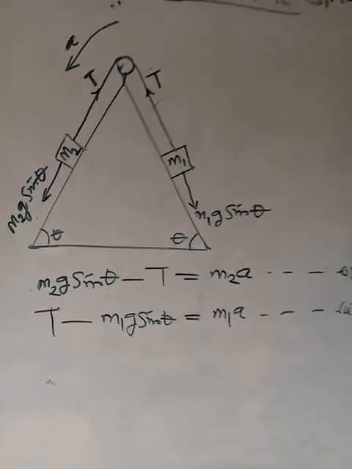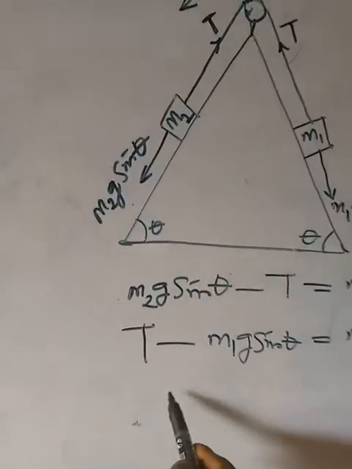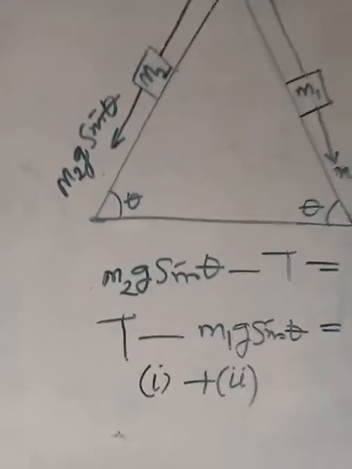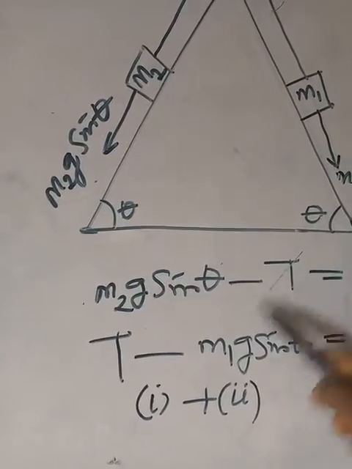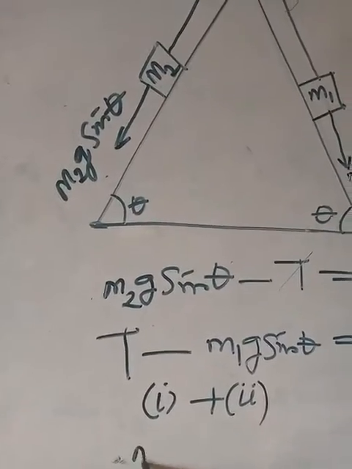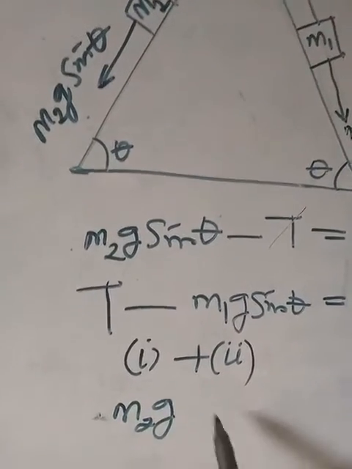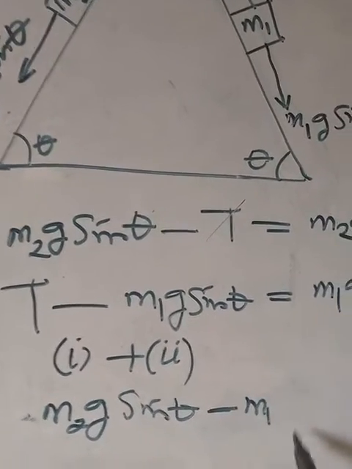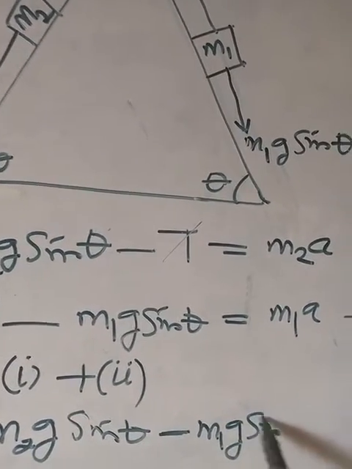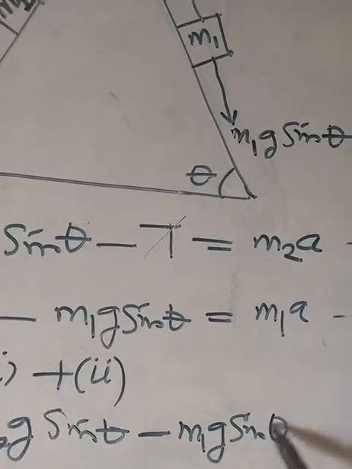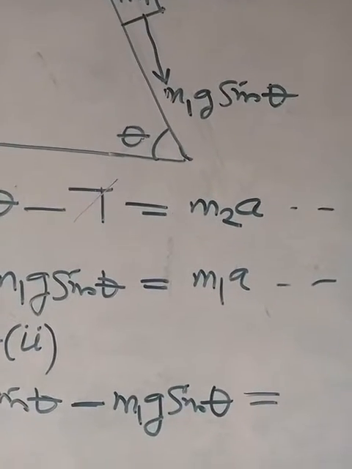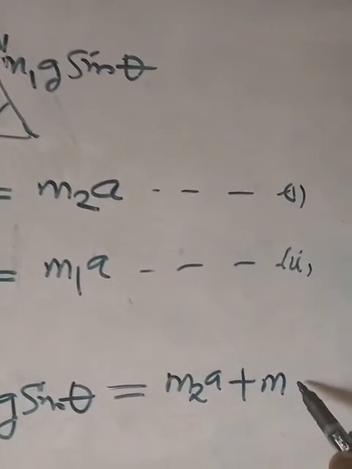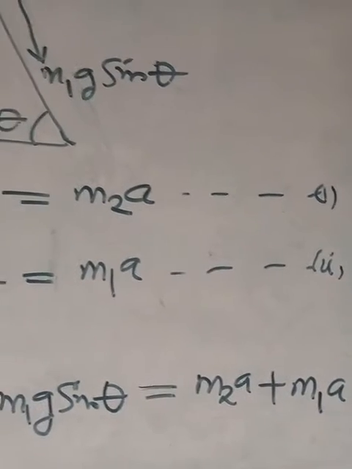Solving the two equations simultaneously, let's say equation 1 plus equation 2. If we sum these two, the tension will cancel. We now have m2g sine theta minus m1g sine theta is equal to m2a plus m1a.